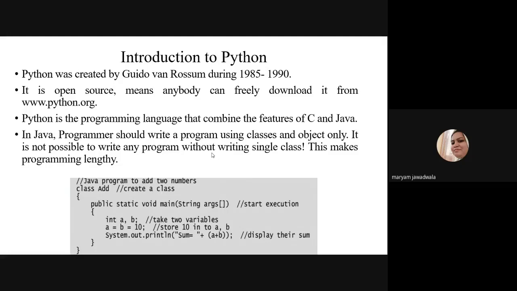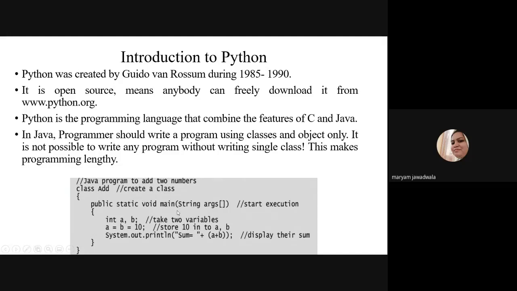For example, this is a demo program here, a Java program to add two numbers. This is a very simple program to add two numbers. To find out the result of addition of two numbers, you need to create at least one class in Java. Suppose the name of the class is add, right?